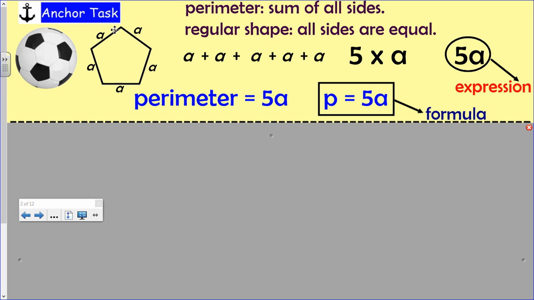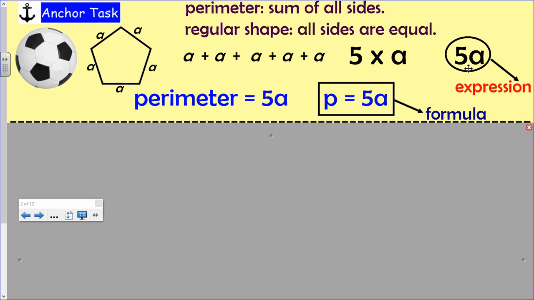So the perimeter is A, add A, add A, add A, add A. But hopefully we've learnt over the last few days that we can write that differently. So we can actually write that as 5 times A or 5 lots of A. And then we come into an expression, as we did the last couple of days, we can actually write that slightly more simply as 5A.